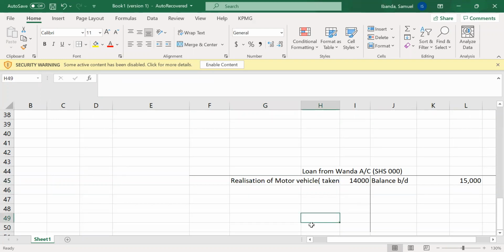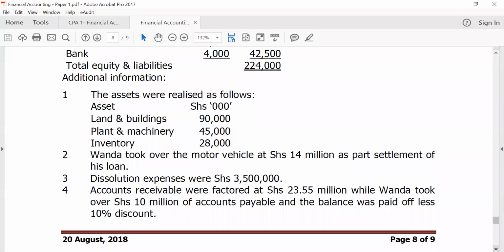But remember, the 14 million was not in full settlement of how much Wanda was demanding from us. They told us that this was part settlement of his loan.